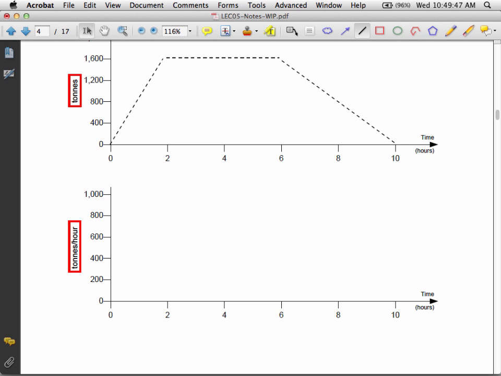Is it the amount of the stock, or is it the flow rate? Now in this case, we said that grain comes in at 800 tons per hour for the first 2 hours and goes out at 400 tons per hour down here. So we have those two lines on our graph. That was pretty easy stuff.